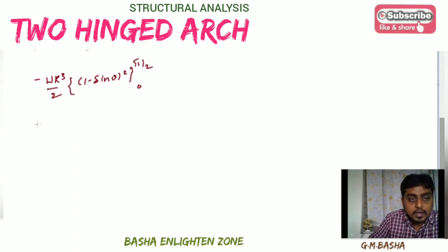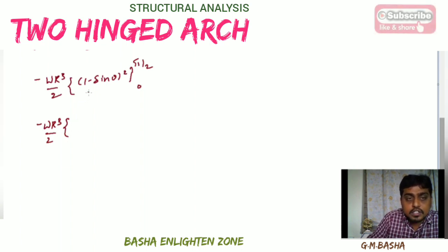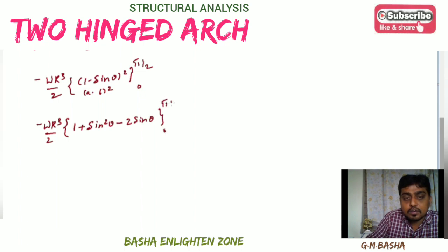Then again minus WR cube by 2. If you want to apply integration, it is better to expand in the form of (a minus b) whole square. So I am expanding that: 1 plus a square plus b square means 1 plus sin square theta minus 2ab means minus 2 sin theta into 1, and again applying integration for this term, sorry, limits for this term.